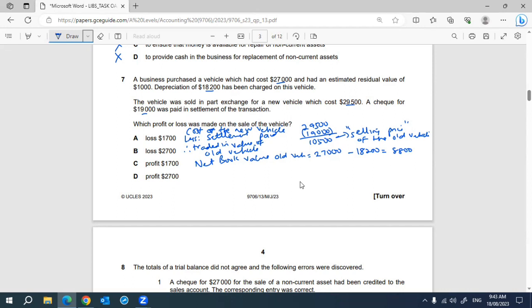So therefore, comparing the selling price, I mean the trade-in value of 10,500, against the net book value, that would give us a profit, as the trade-in value was higher than the net book value. So therefore, profit on sale of vehicle was 10,500 minus 8,800, and that would be equal to 1,700. So therefore, the correct answer is C.